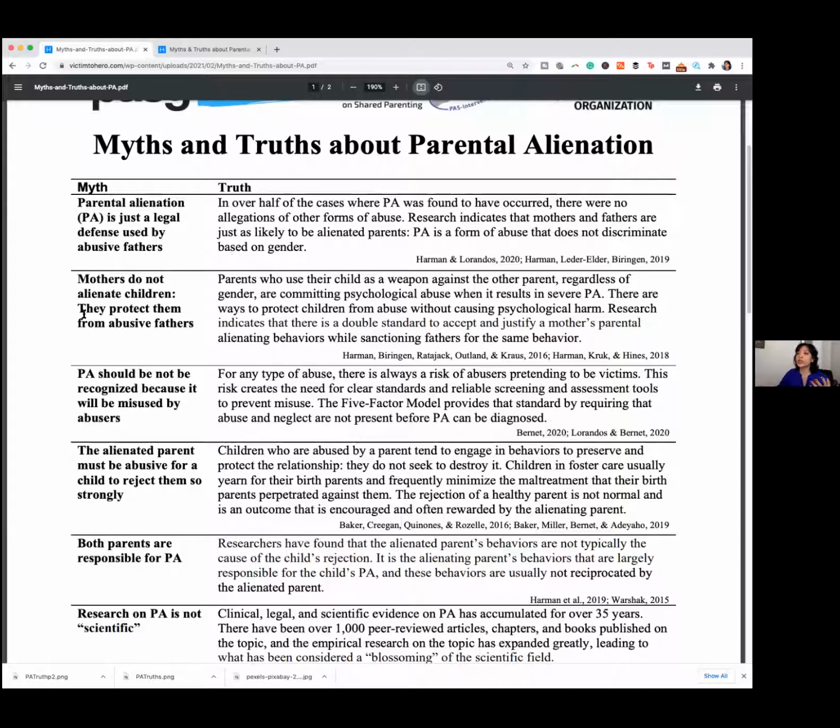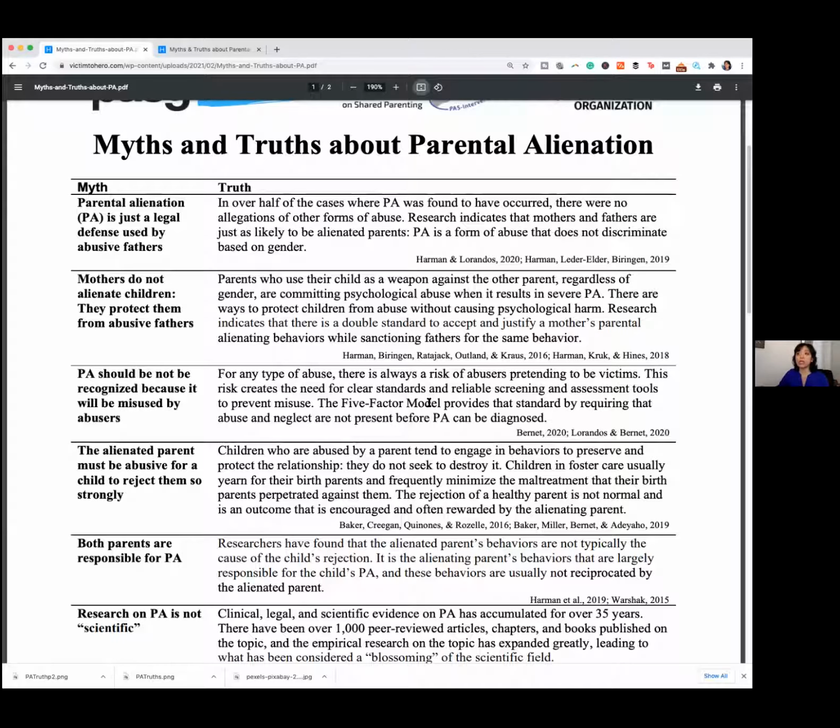So parental alienation should be recognized. Just because it has the potential of being misused, it's no different than any other form of abuse. We need to recognize it, and we need to provide the right tools, and the five-factor model is a very useful tool to diagnose correctly when parental alienation exists.